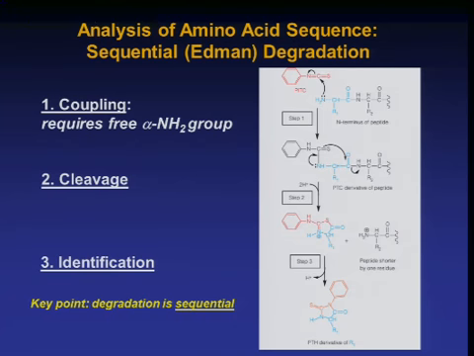So this free amino group undergoes a derivatization, and then there is a cleavage reaction, which is a hydrolysis. And so what you're left with is the protein that you started with minus one amino acid, and that amino acid that it's missing is the one that was most N-terminal. This PITC derivative of an amino acid can then be extracted from the reaction.